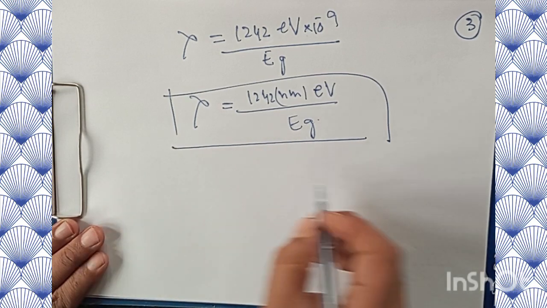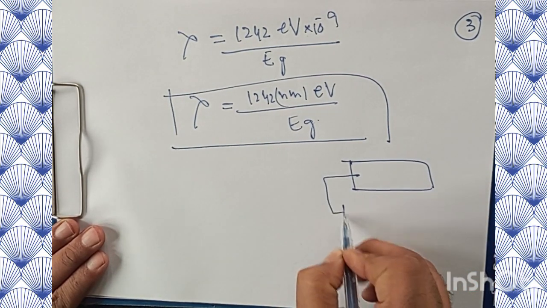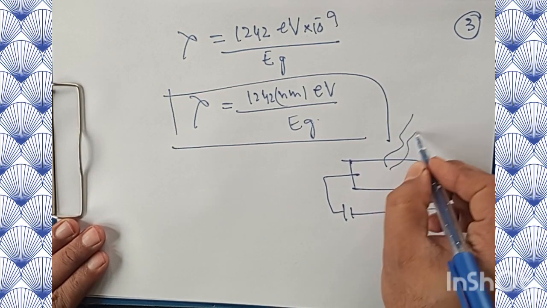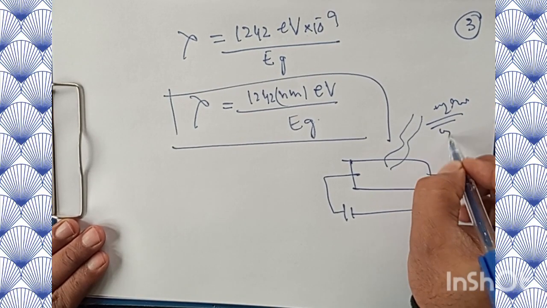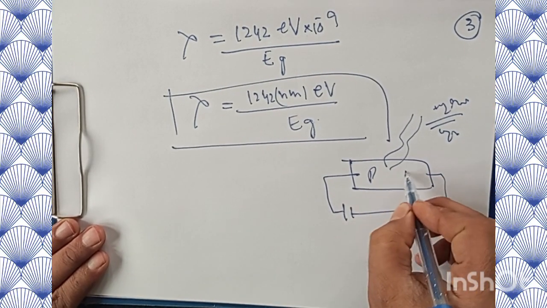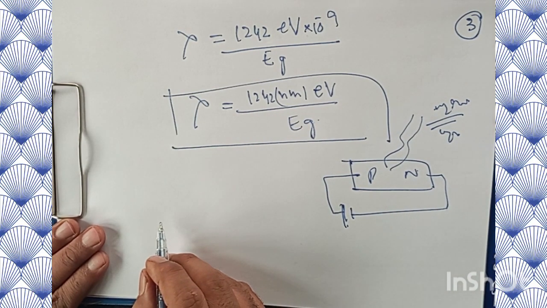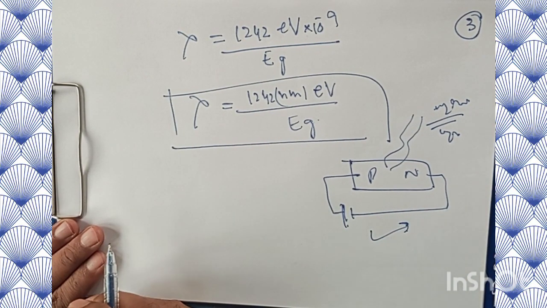For an LED, we have positive, negative, and we have energy in the form of light. Okay, so it's a PN junction. Fine. Now these light emitting diodes can be easily manufactured, so cost is less.